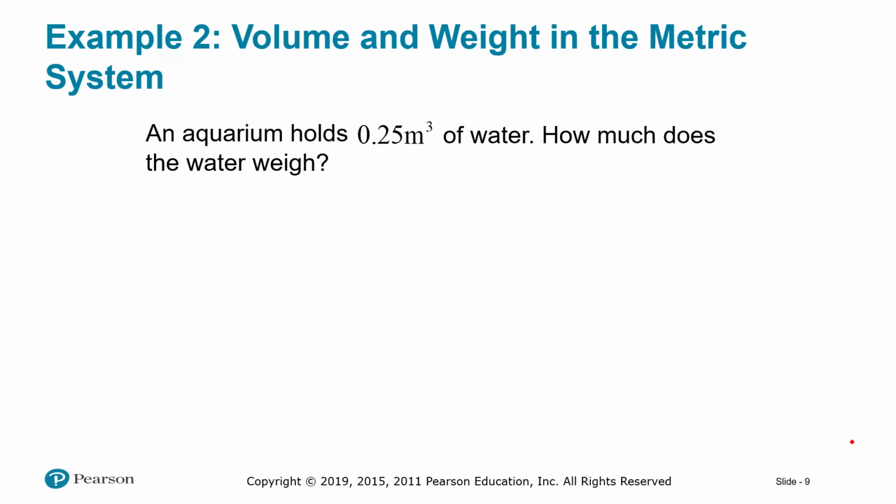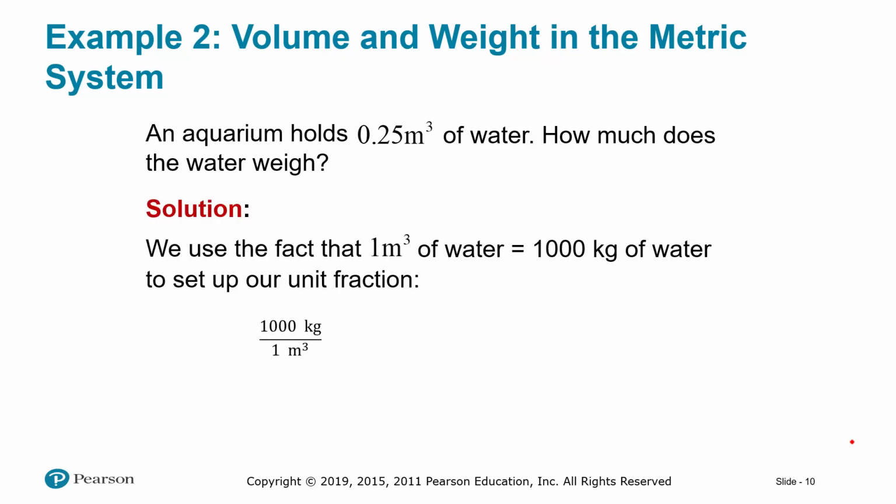Okay, let's do a short conversion here. We're going to take our aquarium that has a 25 hundredths of a cubic meter. How much does it weigh? You better know that, because if you're going to put it on some kind of a box or some kind of a dresser or something, you better know whether it can hold it up.